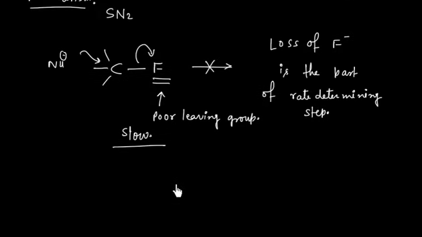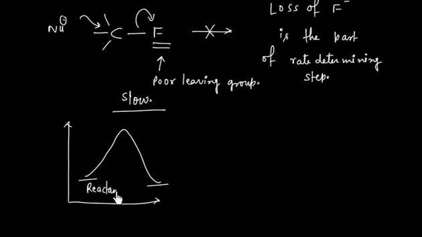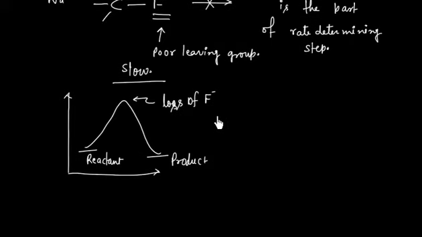SN2 is a one step process. We can make the potential energy diagram for this process also. So this is one step process, this is SN2, this is reactant, and here we have product. And this transition state involves loss of F minus, that is breaking of carbon fluorine bond. So loss of F minus is a part of rate determining step, so this will control the rate.